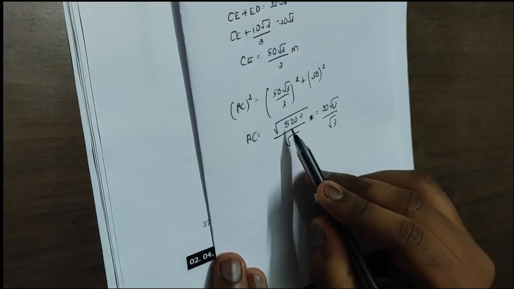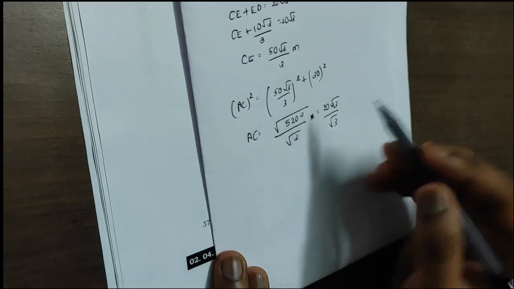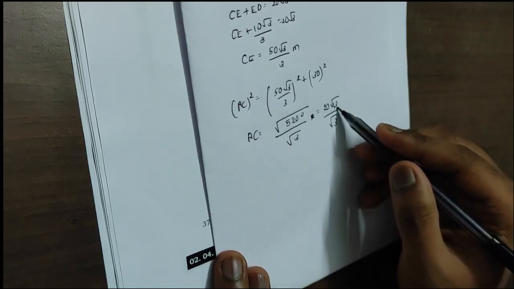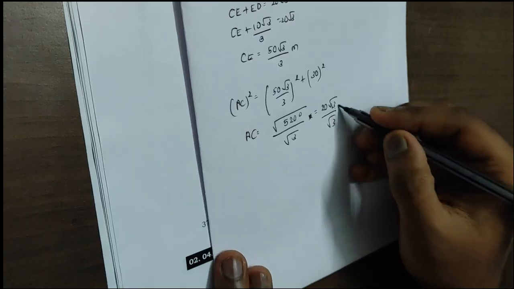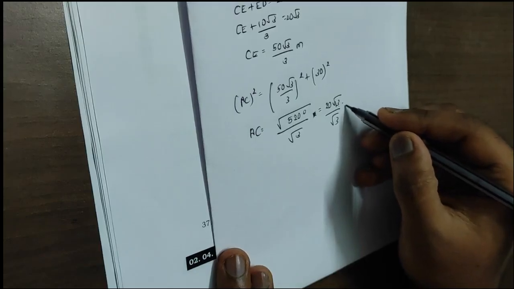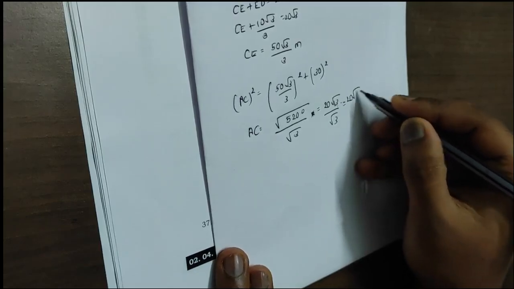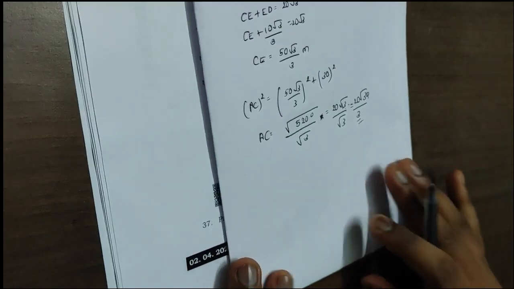We have to go on multiplying, like 2 into 2 into 2. From where it stops, remove that outside the root. Remaining is 13, which we can't multiply with the square numbers. Then multiply both the numerator and denominator by root 3. That becomes 20 root 39 by 3. That is the answer of this question.